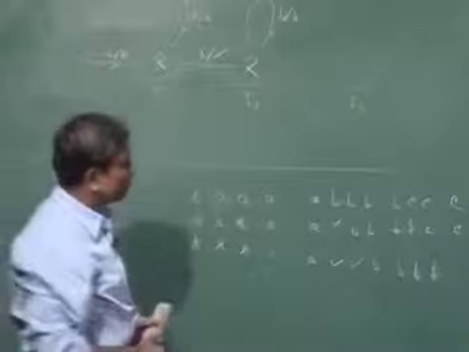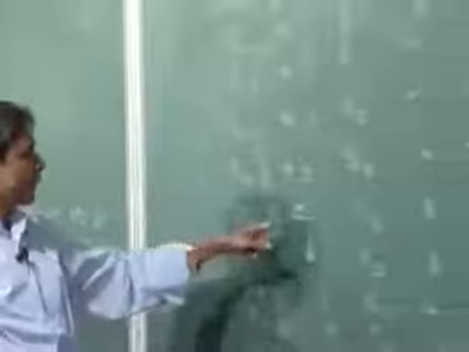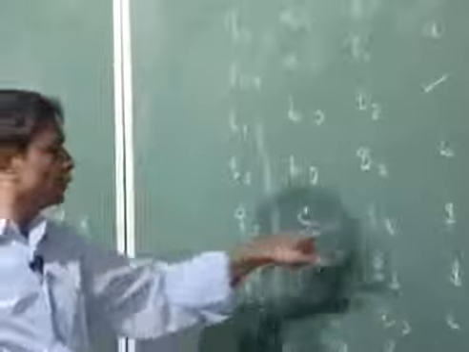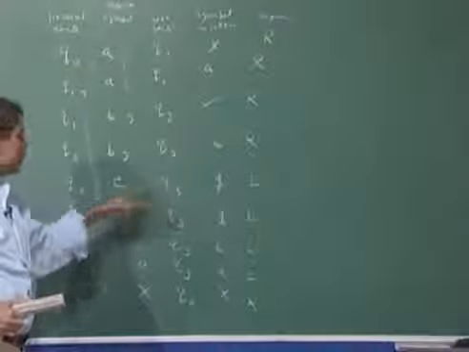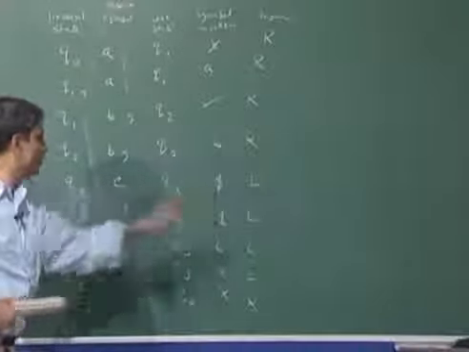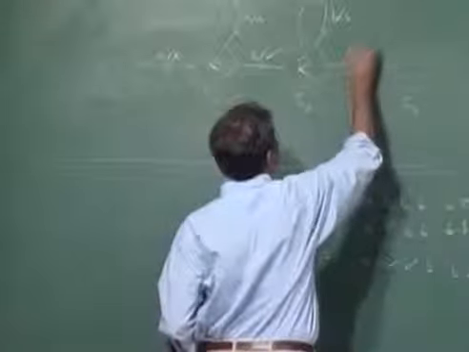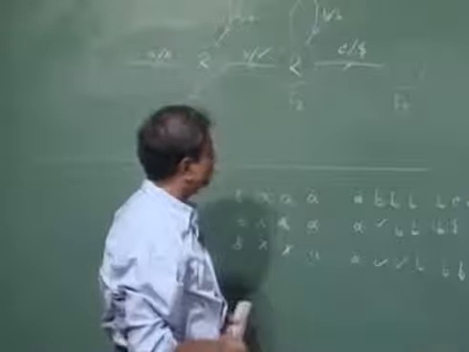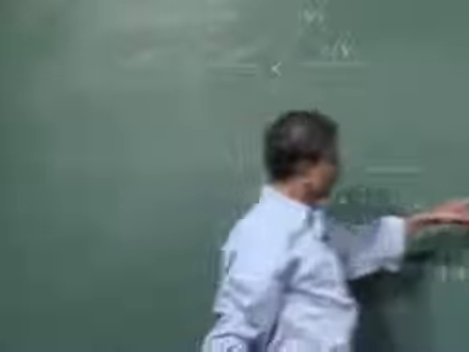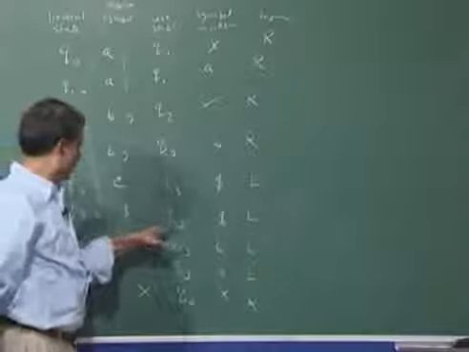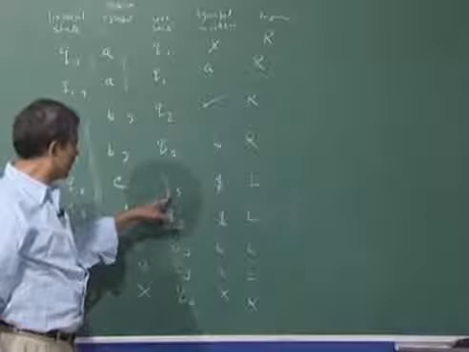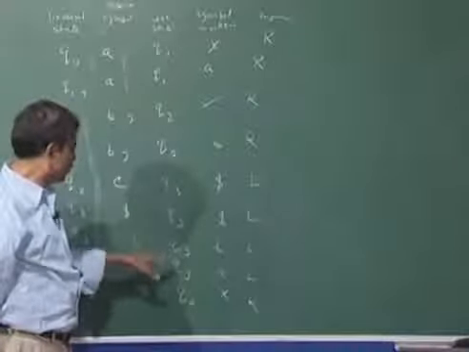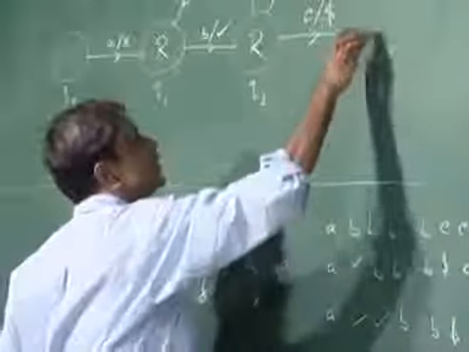In Q2 if I see a C, what do we do? We go to a state Q3, because this C will change to a dollar, and in Q3, we have entered Q3 here, in all these places we have entered Q3 and we move to the left. So, we can write the direction here.